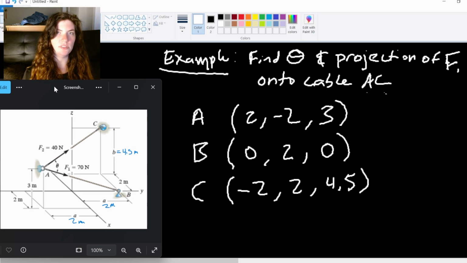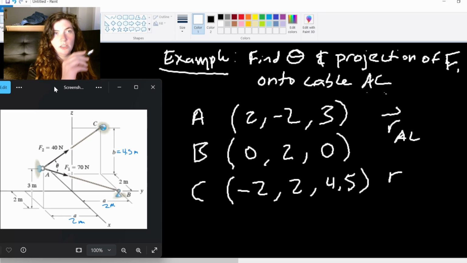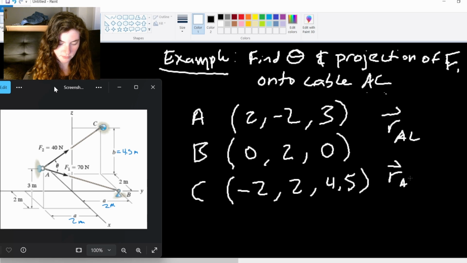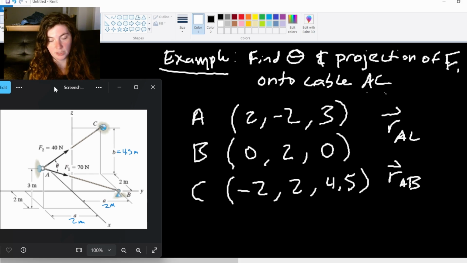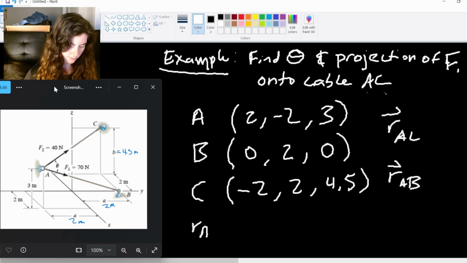So now we'll find the position vectors. We have 2 position vectors. We have one going from A to C, and the other position vector along F1 is going from A to B. So these are the 2 position vectors. Again, the way we find those is vector subtraction. So it'll be subtracting for RAC.